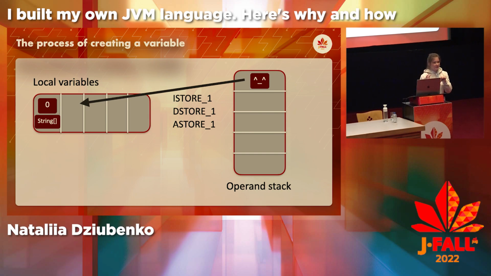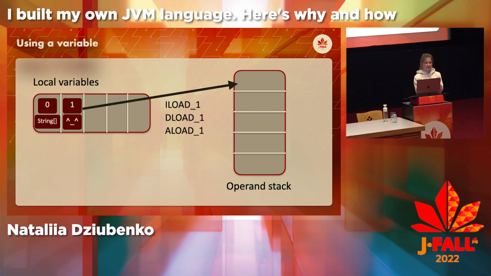So why is it istore, dstore, astore? The first letter stands for a type, and you need to know which type exactly you're dealing with. I stands for integer, D for double, A is a type reference, and there are more. There are lstore, etc. You have to always know what types you're dealing with. Otherwise, it won't work. Okay, using this, you can put it here.